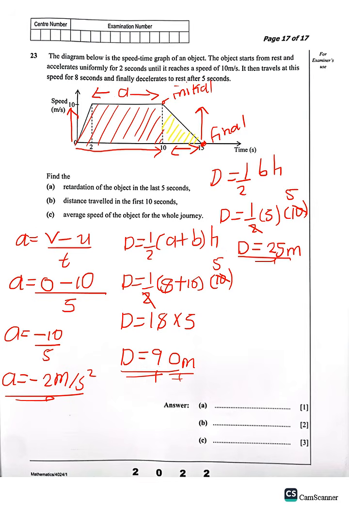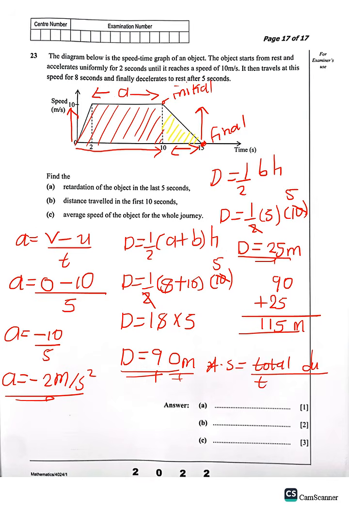So the total distance, we are going to add 90 and 25. So 0 plus 5 is 5. 9 plus 2 is 11. So our total distance is 115 meters. Now the average speed is equal to total distance over total time taken.